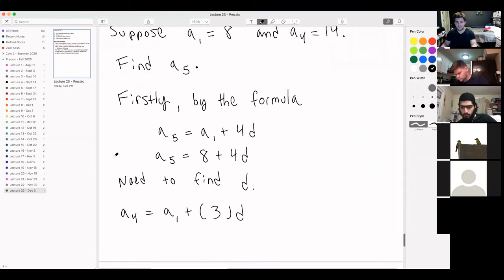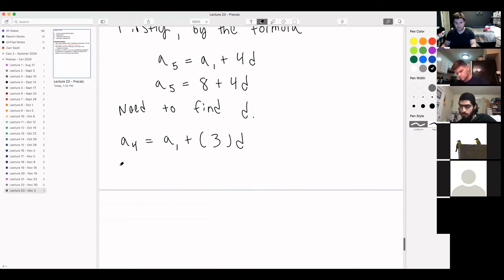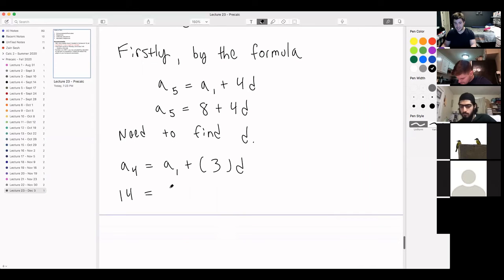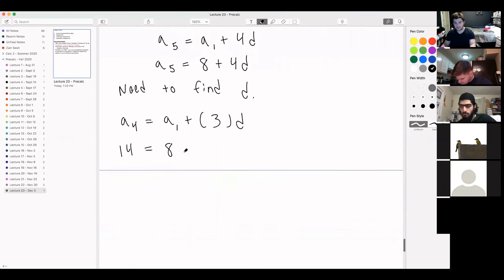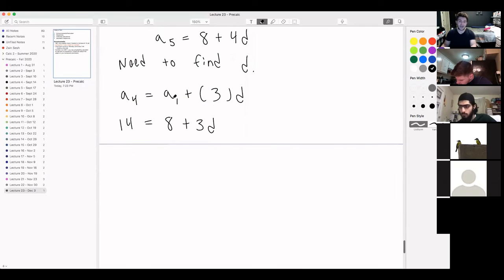Okay, but we have a lot of this stuff. We have that a4 is 14, so that's the left side. a sub 1 we also have, which is 8. So 14 is equal to 8 plus 3d. And I can solve this guy for d. So you subtract 8 from both sides, you get that 3d is equal to 6, and hence d is equal to 2.